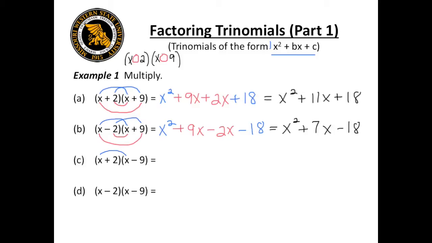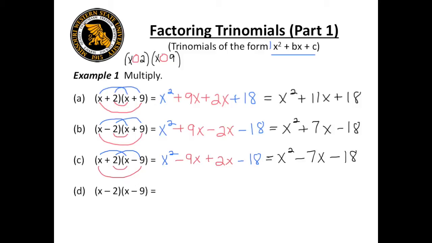First, outer, inner, last. Combining like terms, we end up with x squared minus 7x minus 18.